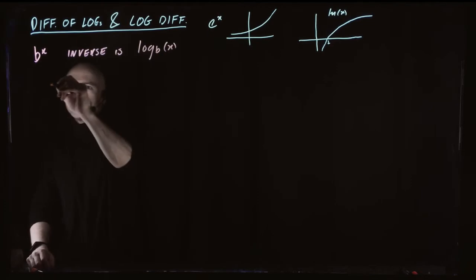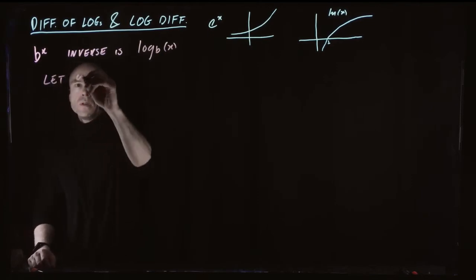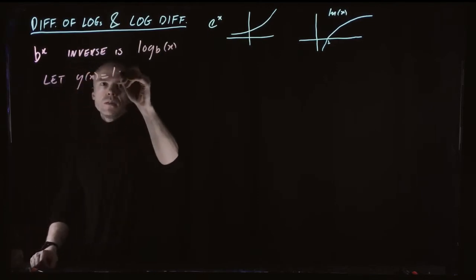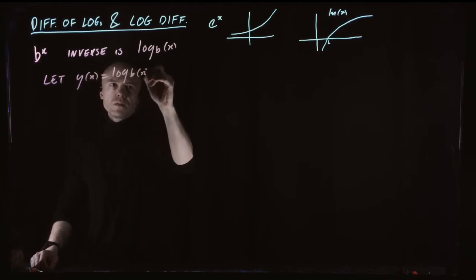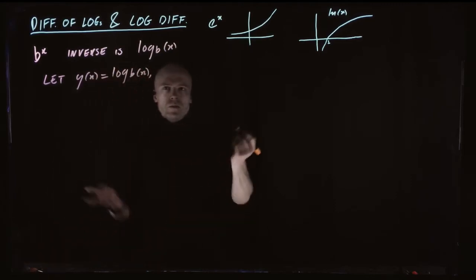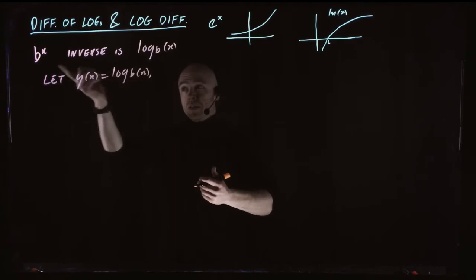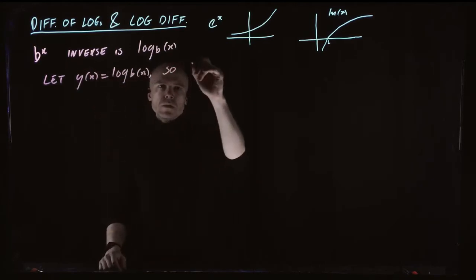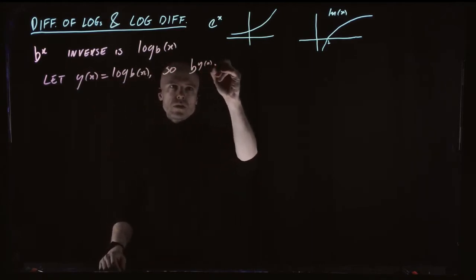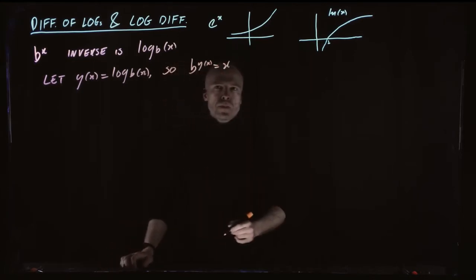Okay? So we are going to get an understanding of these using implicit differentiation, and this is how we do it. We say, okay, let y of x be log to the base b of x. Then, what's the defining property? This is the inverse of b to the x, so b to the y of x is equal to x itself. Right?